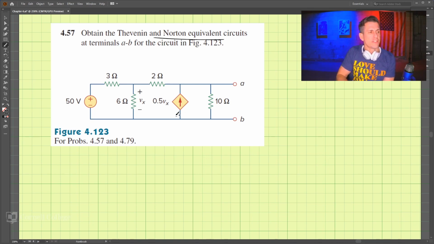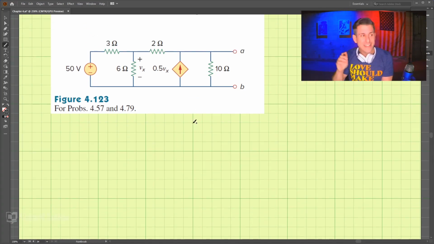So let's start out with our first step where we turn off all independent sources. So this 50-volt source becomes a short circuit.